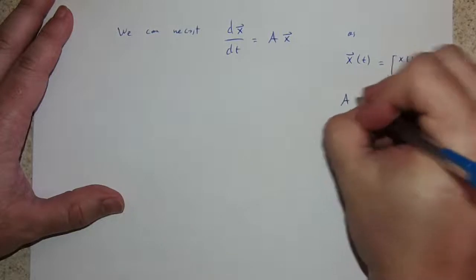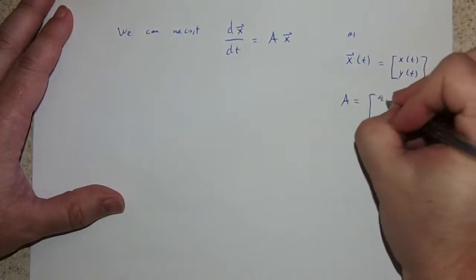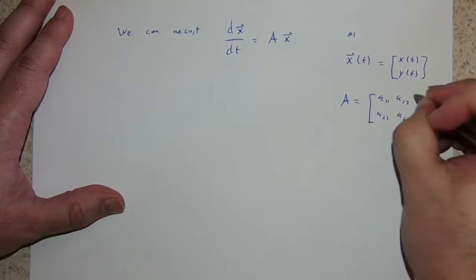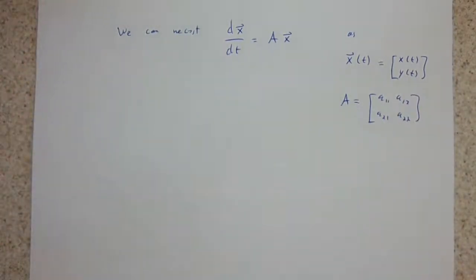A will still be my 2 by 2 matrix, A11, A12, A21, A22.